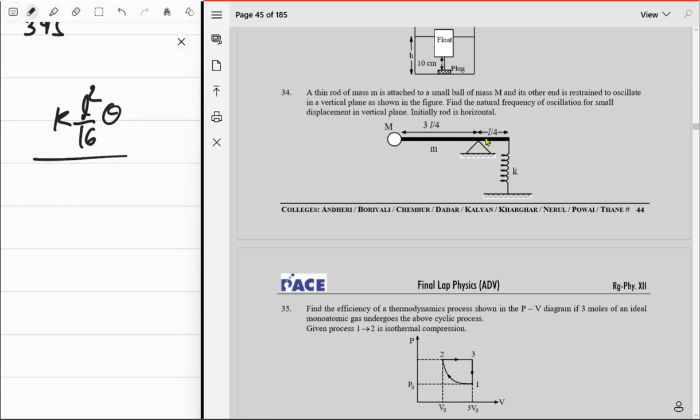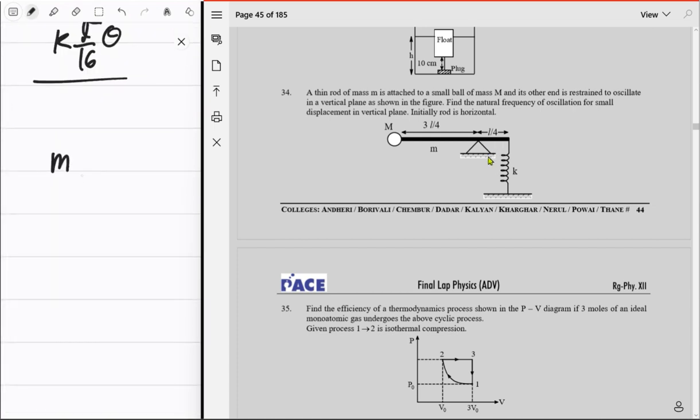Okay, what is our inertia? Square upon 3 and then, oh, this is the complete combined m, right? Oh god, no, it's not going well. So okay, m l squared upon 3, let's see what happens.